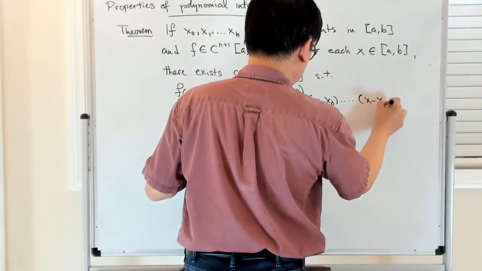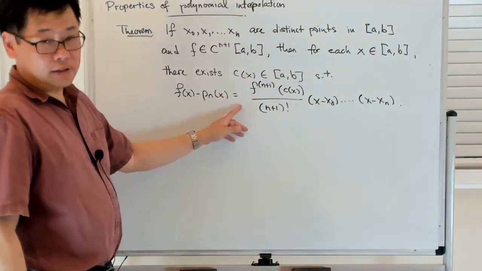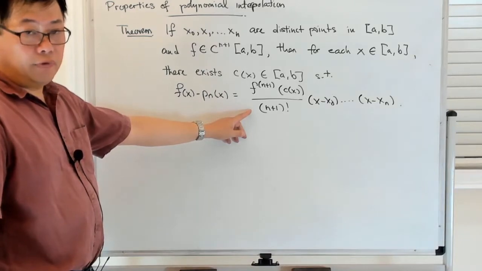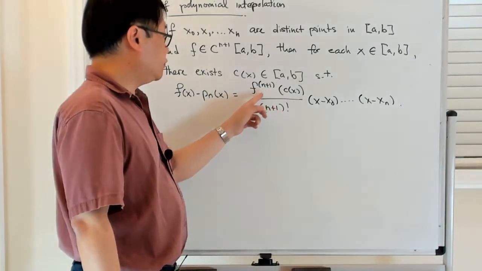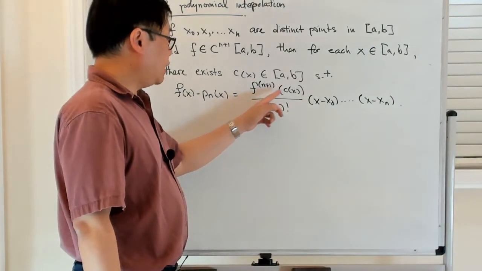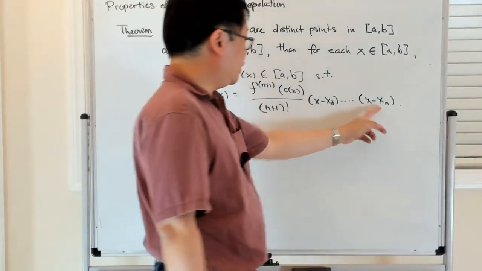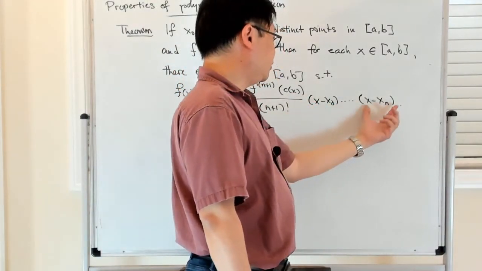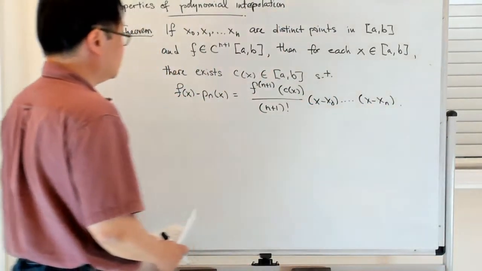x minus xn. If you look at this, it looks very similar to the remainder term you have for the Taylor polynomial, because it involves the n plus first derivative of f at some unknown point. Instead of x minus x0 to the n plus first power, it's the product of x minus x0 all the way up to x minus xn. So it's conceptually similar.